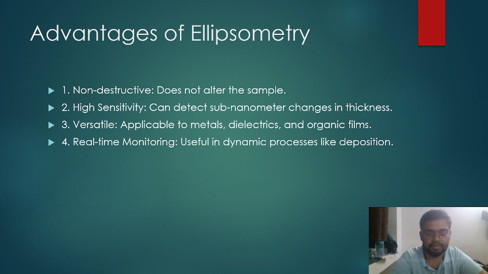It can detect sub-nanometer changes in thickness. That's the main advantage of ellipsometry, which is why we use it to calculate thickness. Its versatility: it is applicable to metals, dielectrics, organic films, etc. It is also used for real-time monitoring. It is useful in dynamic processes like deposition.